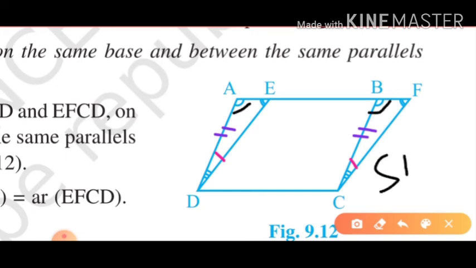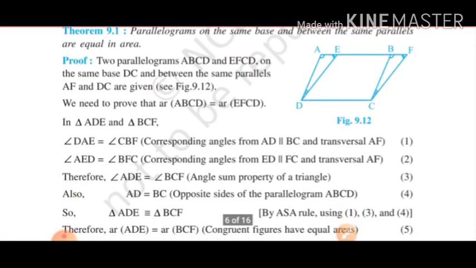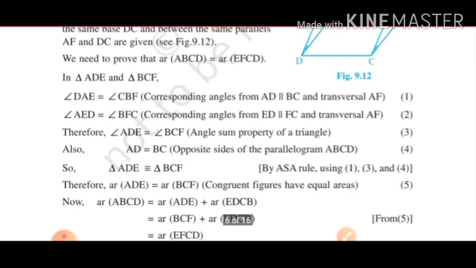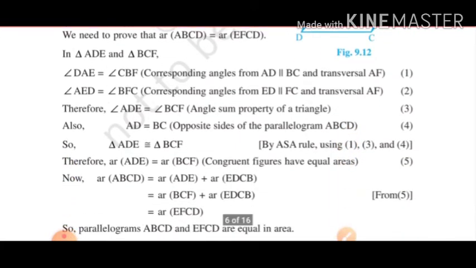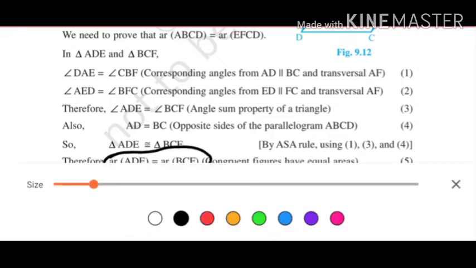So by SAS, triangles ADE and BCF are congruent. When they are congruent, their corresponding parts are also equal. And we also know that the areas of two congruent triangles are equal. So that means area of ADE is equal to area of BCF.